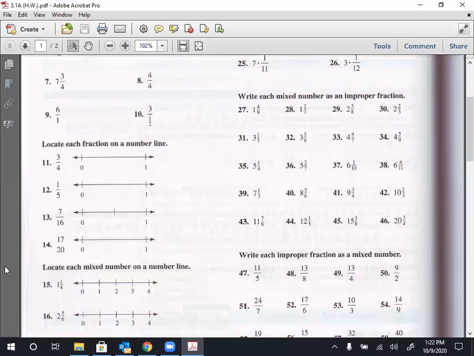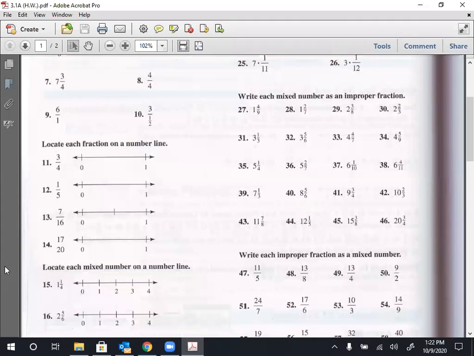So this is equal to 9 times 1 plus 4 over 9, which is 9 plus 4 over 9, 13 over 9. That's your improper fraction. Now we're going to go the other way for the next group.